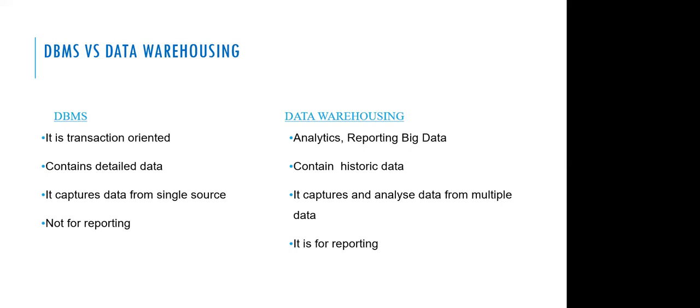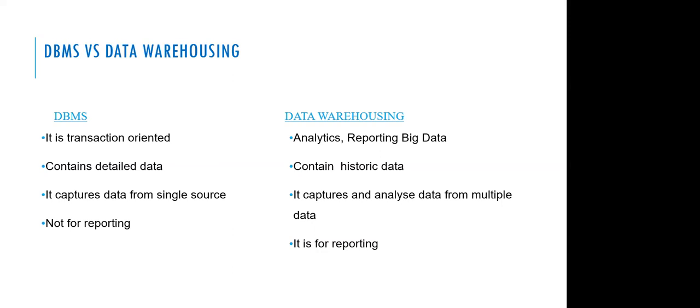Let's suppose I am working on one project, and I extract the data from one of the sources called SFG. I do the transformations in the staging area, and finally load it to the data warehouse.